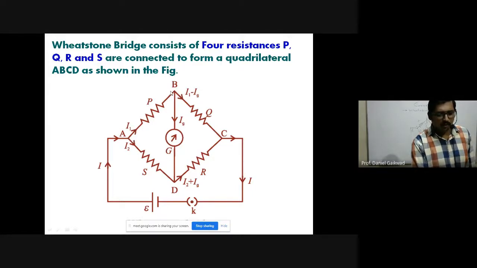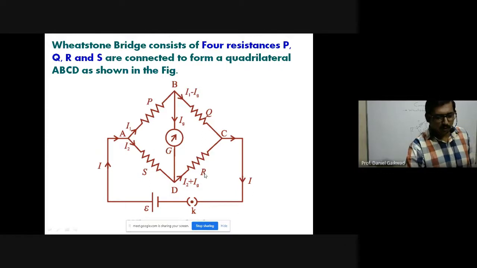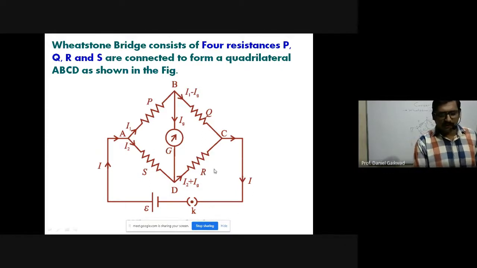Current I1 flows through resistor P, I1 minus Ig through Q, and I2 through S, and I2 plus Ig flows through resistor R here.